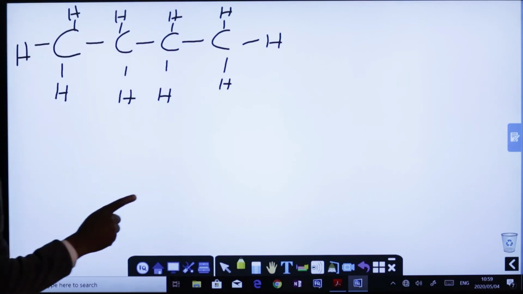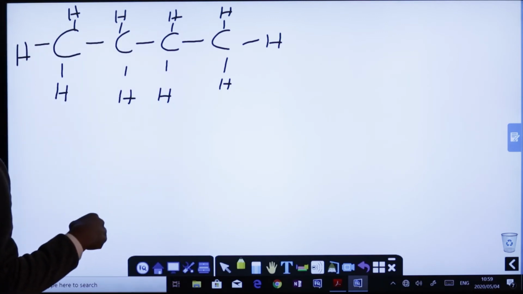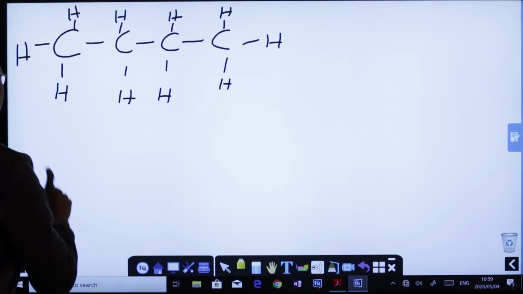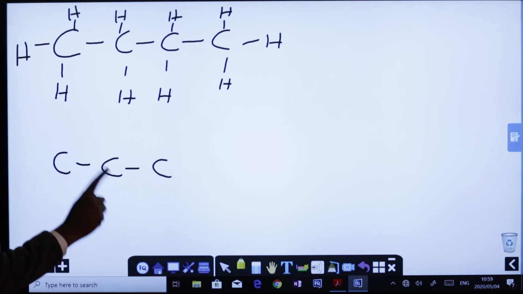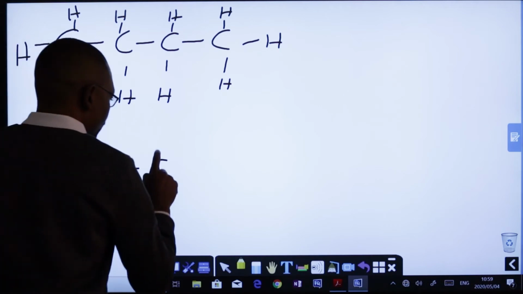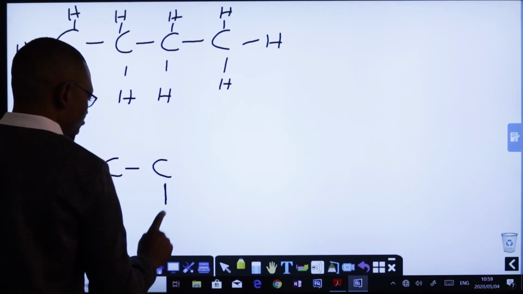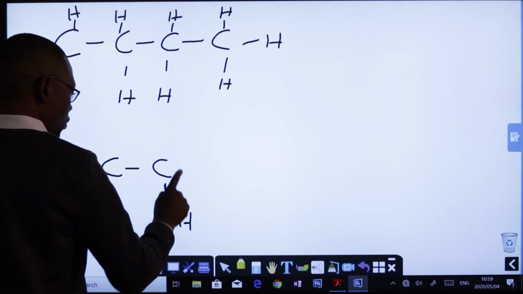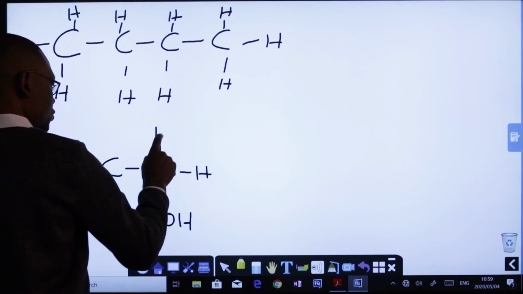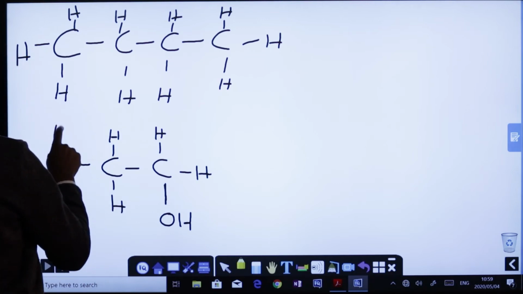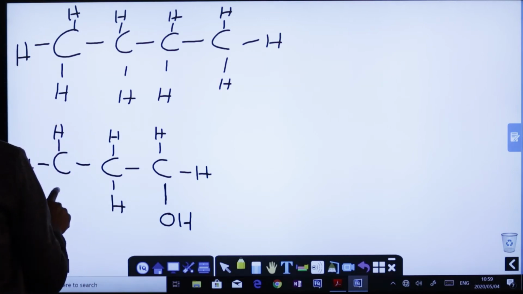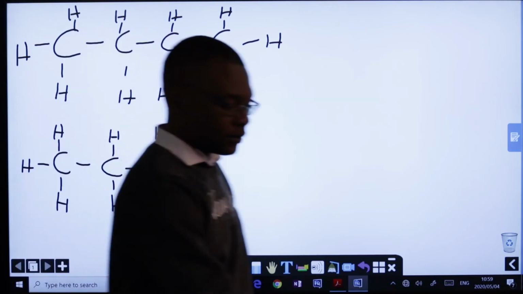Okay, the next one is propan-1-ol. Propane has 3 carbons in its chain. 1-ol means that the OH is on carbon number 1, so it's going to be like this, and this, and that, like that.